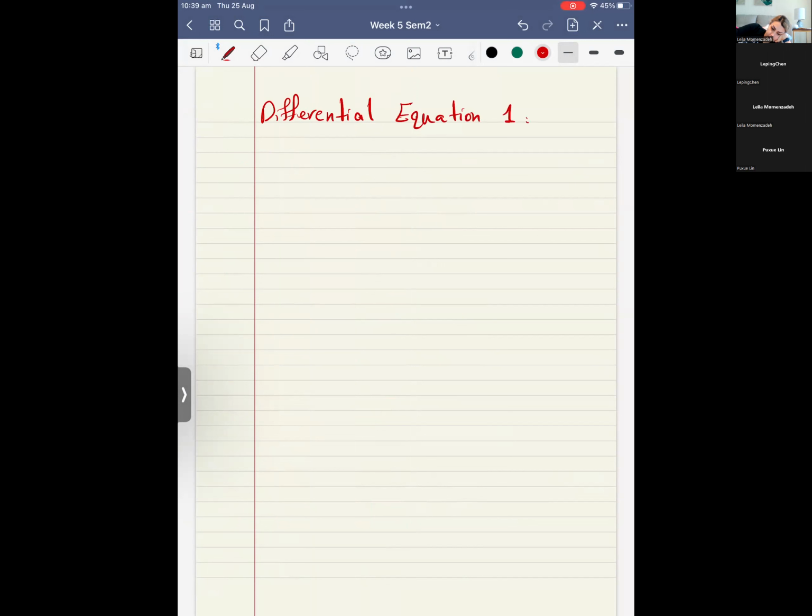Okay. Now, what is a differential equation?